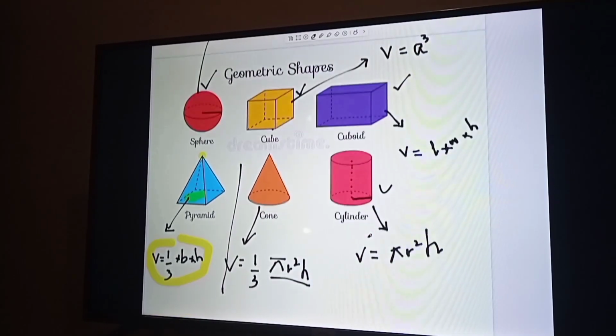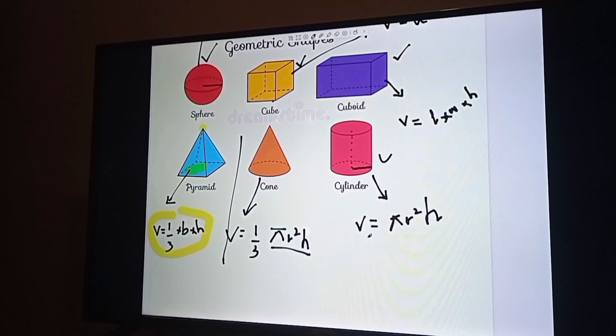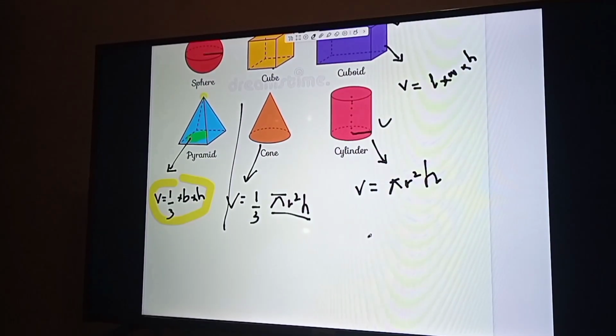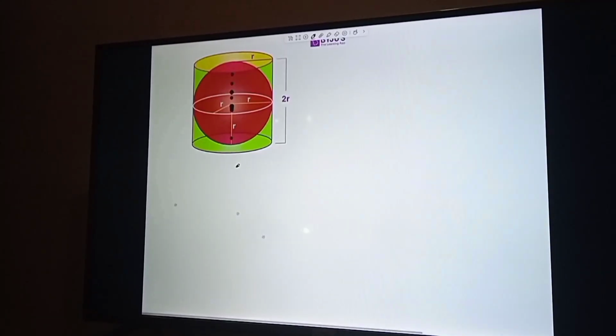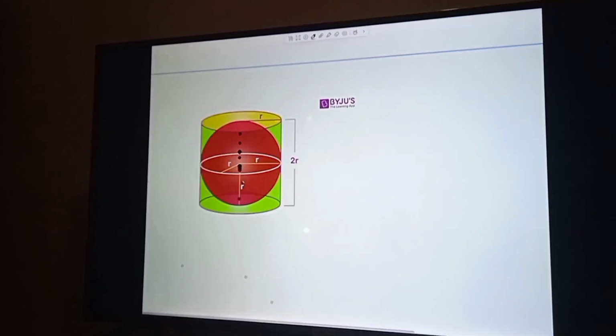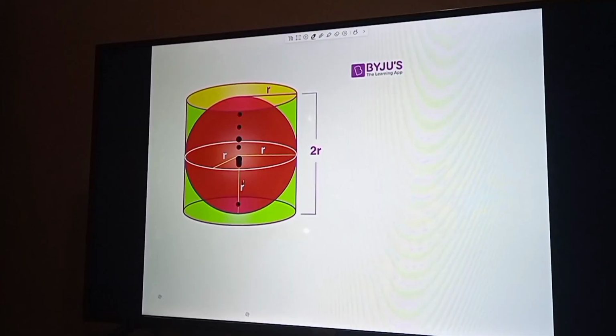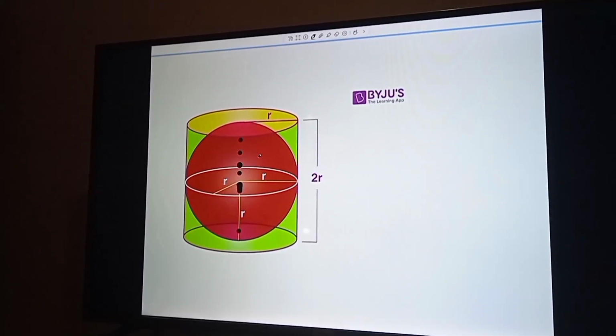The sphere could be easily fitted in the cylinder like this. So here in this case, radius of the sphere and radius of the cylinder are of same size, so this sphere is inside this cylinder now.